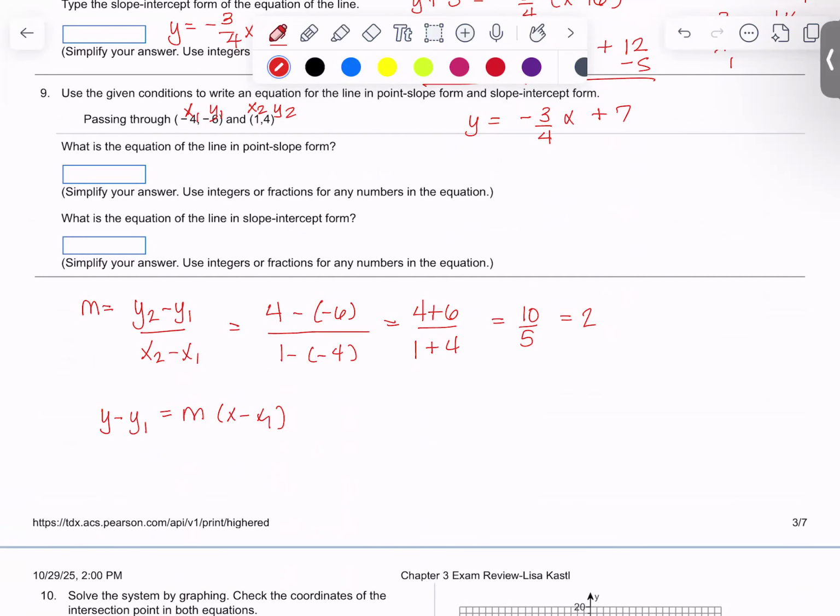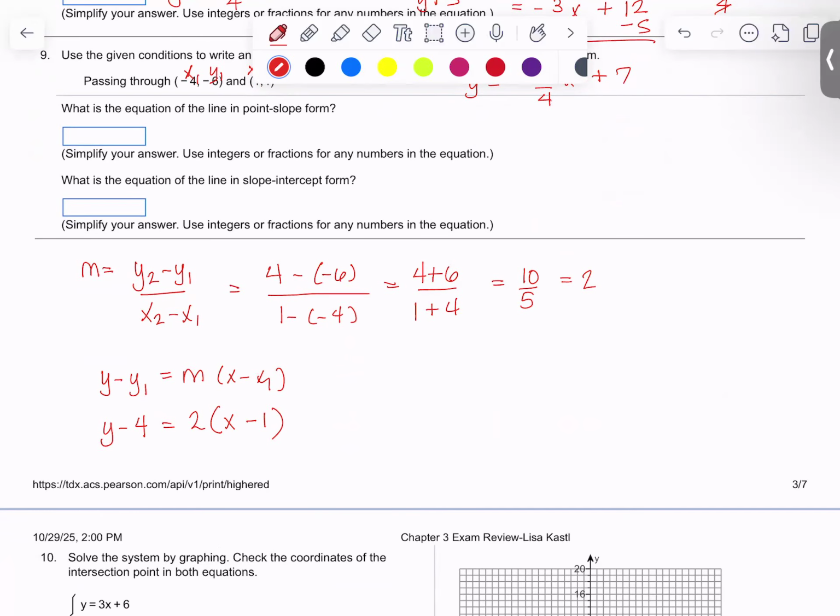So I'm going to use 1 and 4 just for ease of sign errors. It does not matter which point you use. So I'm just going to use the easiest one. So we get y minus 4 is equal to 2 times x minus 1, and that is that first field, by the way. So that is point slope form.